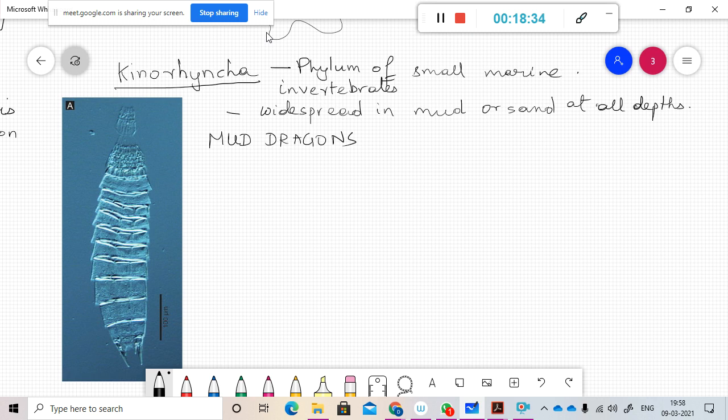So basically, if you look at their anatomy, you can see they are segmented. This is the first segment, second segment, third segment. So basically they are segmented, limbless. You don't have any arms.